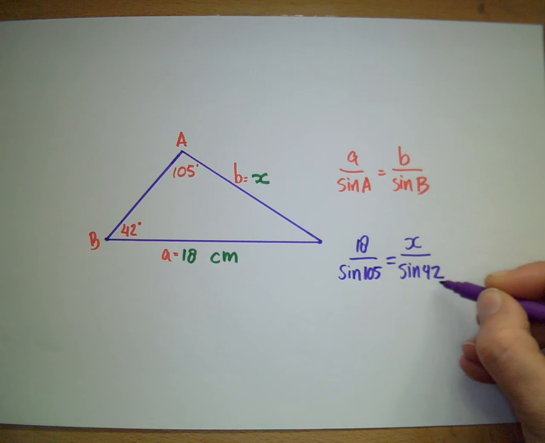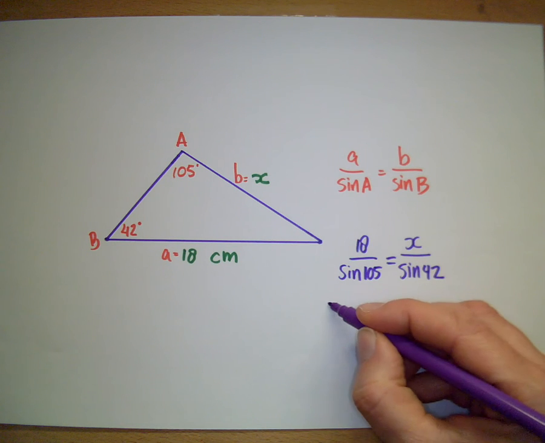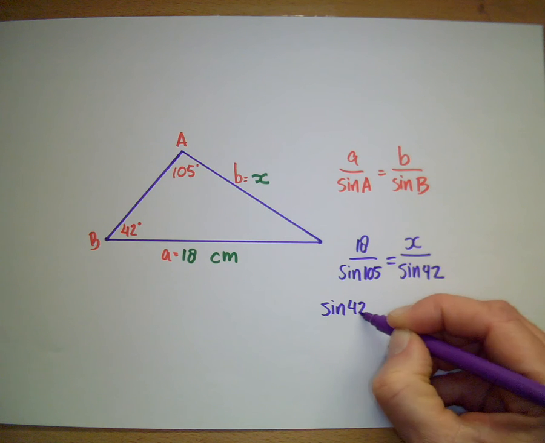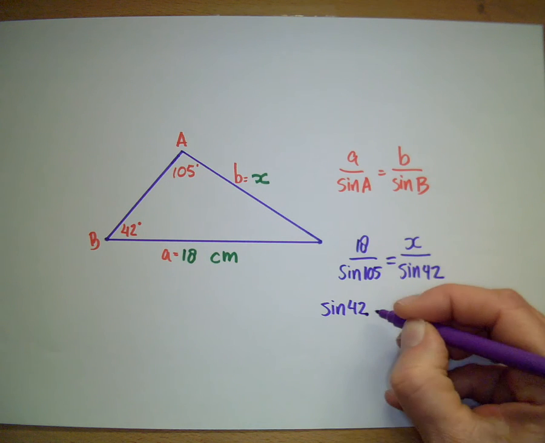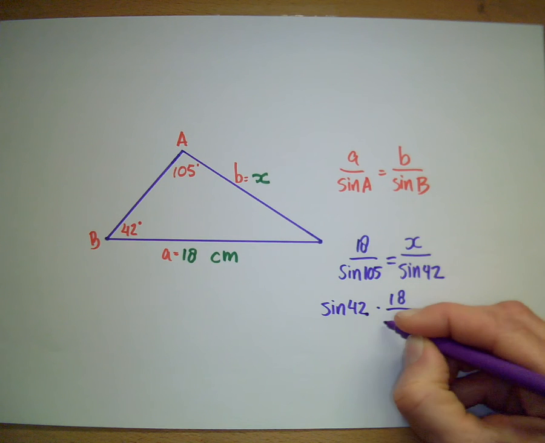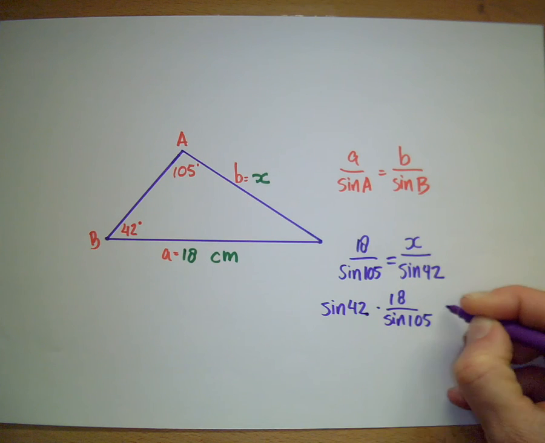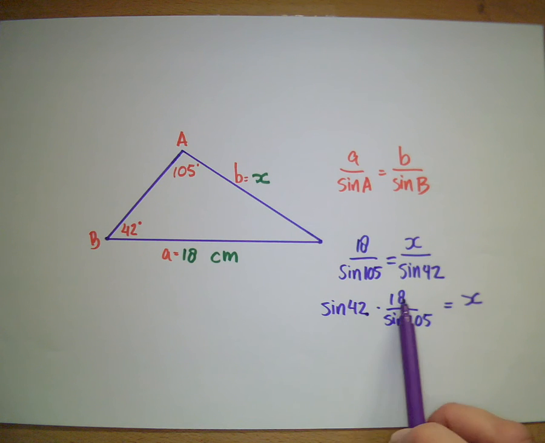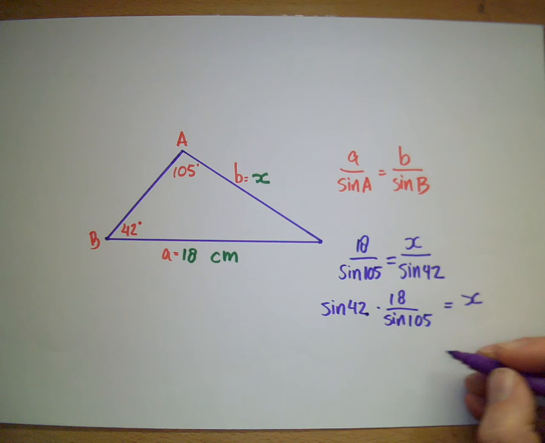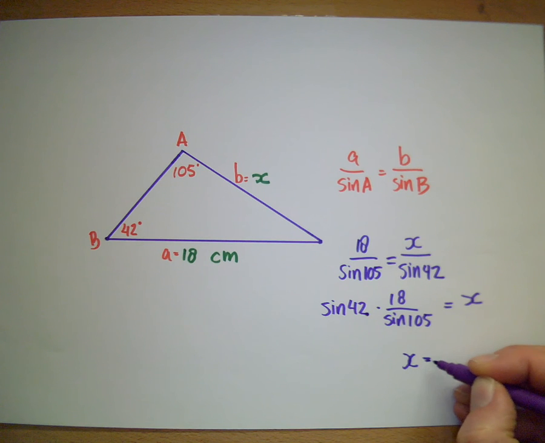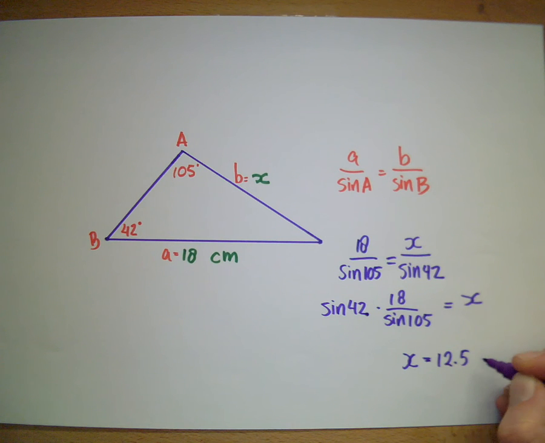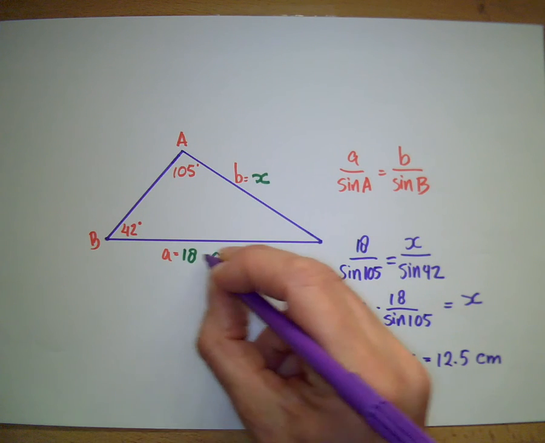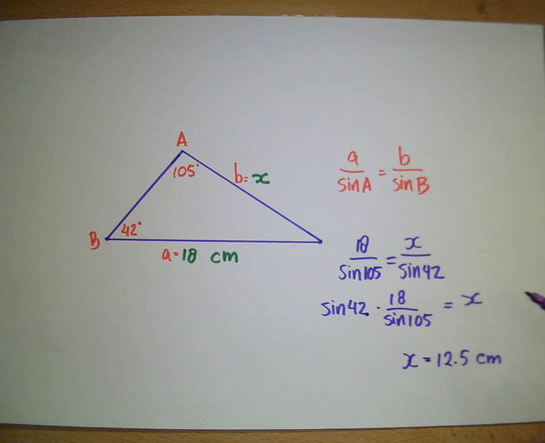We multiply both sides by the sine of 42 to get sine of 42 times 18 over the sine of 105 is equal to x. All right, we grab our calculators and plug this in, and we find that x equals, when we round it, 12.5 centimeters, because here we're working with centimeters, right?